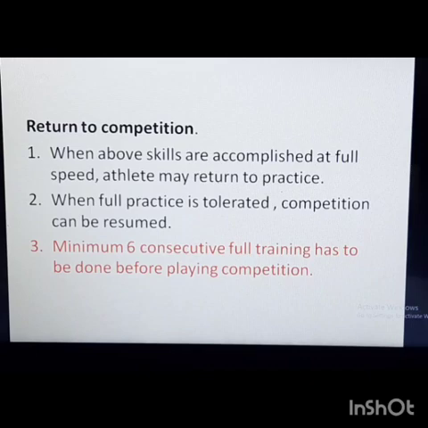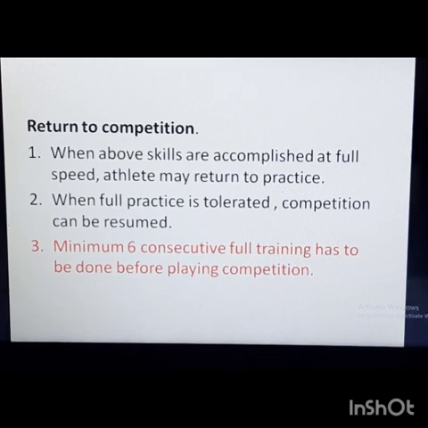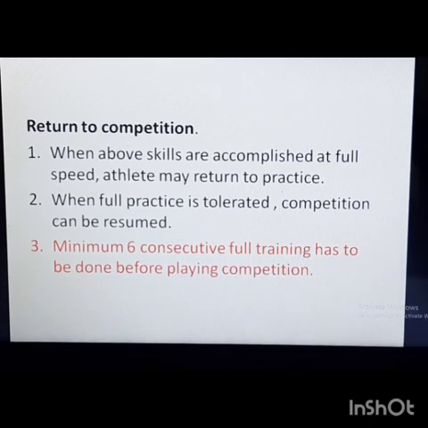Now this is one important question which you will be asked as a physio. You need to answer this: when is the player expected to play the match, the competition? You have done the rehab, you have done the PRICE protocol, you did the rehabilitation perfectly. Now is your player fit enough to play the competitive match? We need to answer.